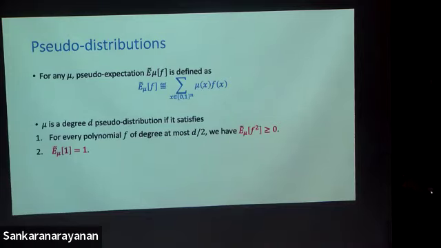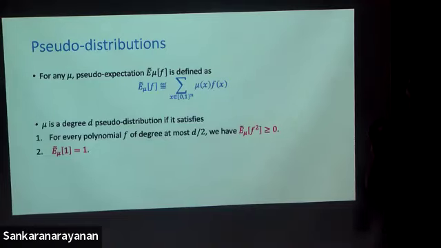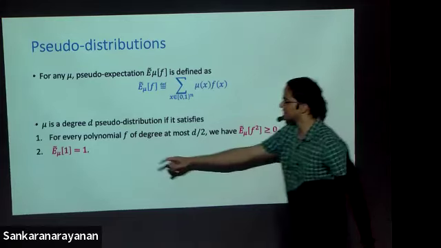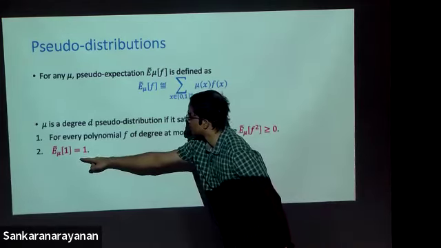So if you recall what we saw 2 slides ago, the mu that we got is indeed a pseudo distribution, because it satisfies these two properties. The first thing we did was normalize the mu such that the summation over mu is equal to 1. So that gives us the second property. Because what is the expectation of 1?